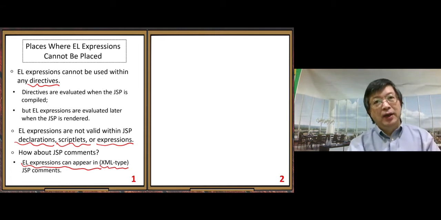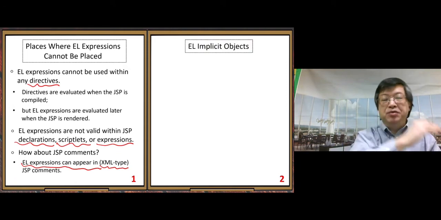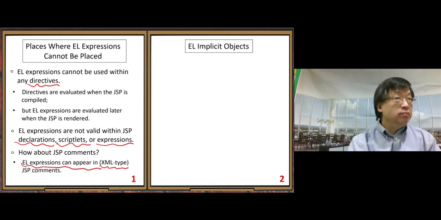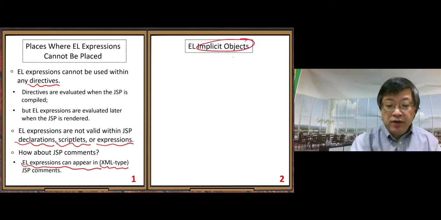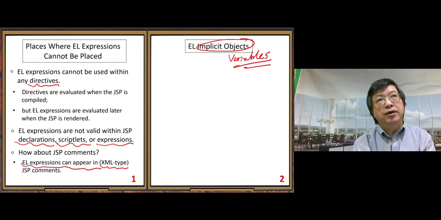Next topic, EL implicit objects, or implicit variables. I mentioned this name before, implicit objects, implicit variables. If you read technology articles, the recent name for this concept is implicit variables.